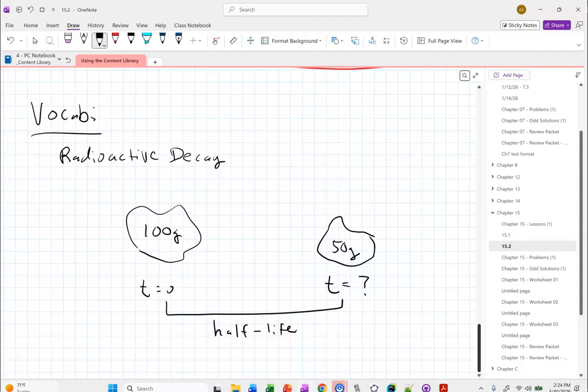Or for those of you that are history people, most of the dating done in history is done through carbon dating. So how that works is there's an isotope of carbon. You remember what the word isotope means? It's the same element with a different number of neutrons in it.